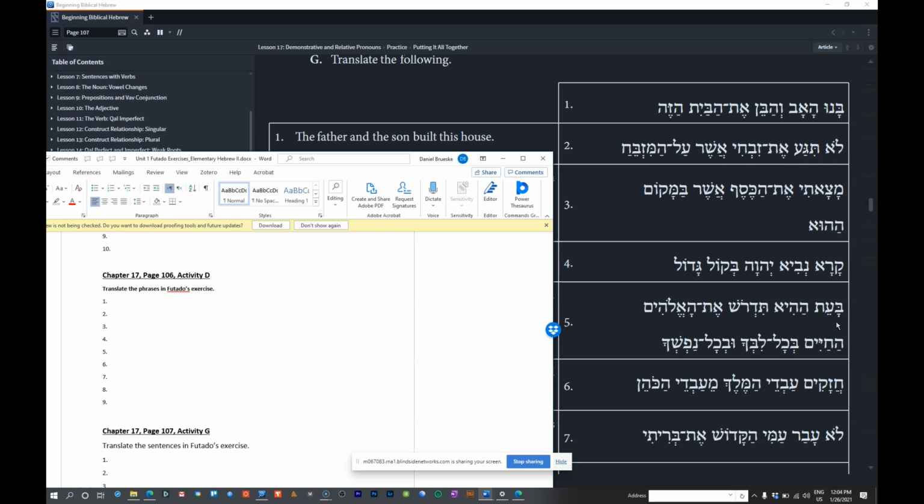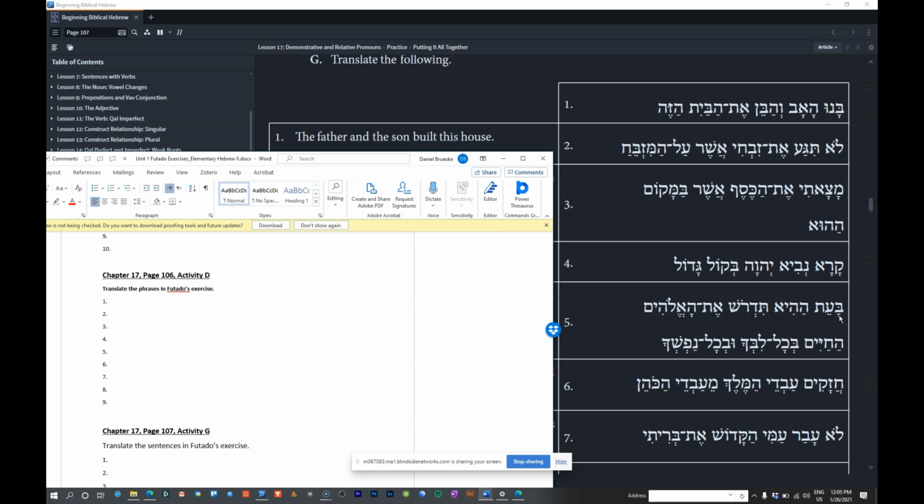Well, it's probably some sort of relative phrase, something like that. It starts with bait, this bait preposition. That's my guess, because when I look at ba'et, I see a bait preposition, and I see et, which is the word for time. Now, I don't have a beit shva, I have a beit kametz.